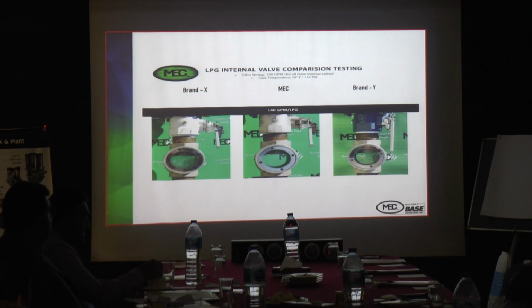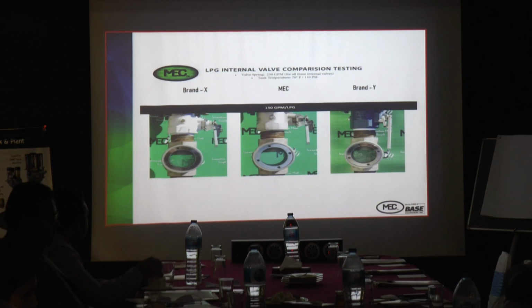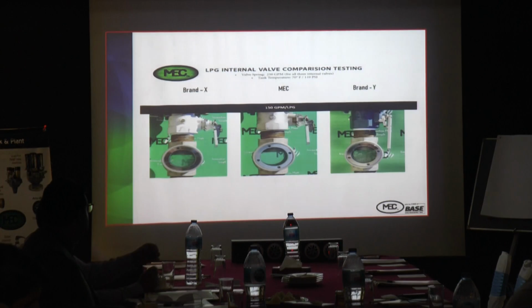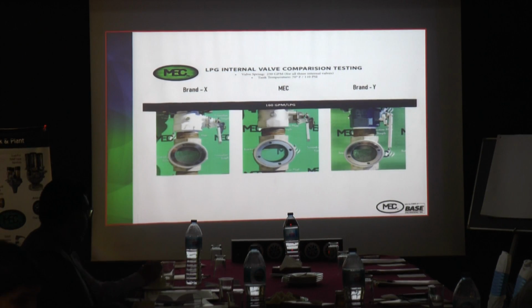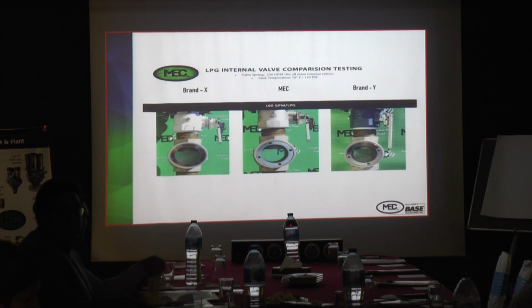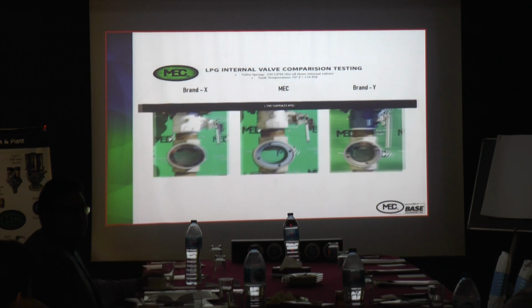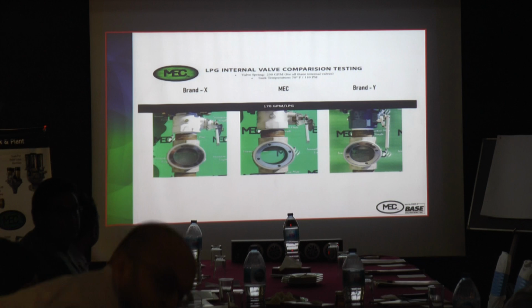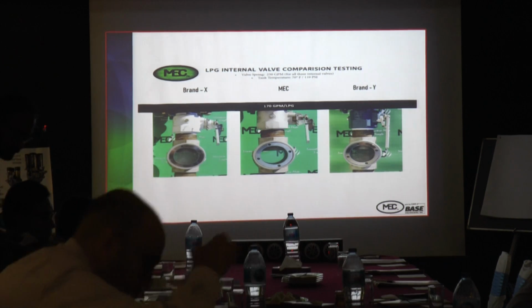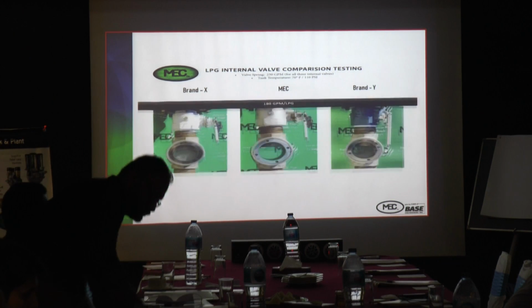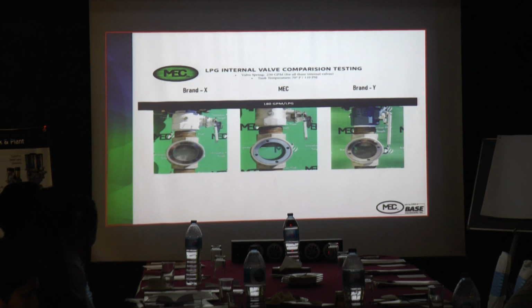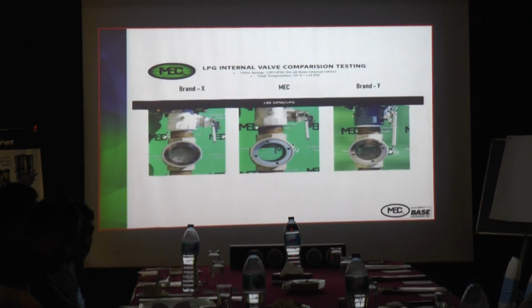Next slide. 150, you see, especially the Y one is getting more. So is the X. Okay, you see Marshal is still very clear. Next slide. Okay, 160, both are getting a lot of bubbles. Next slide, 170. Next slide. 180. Okay. Next slide.